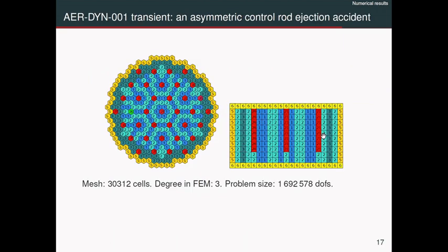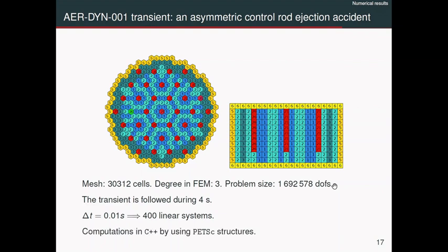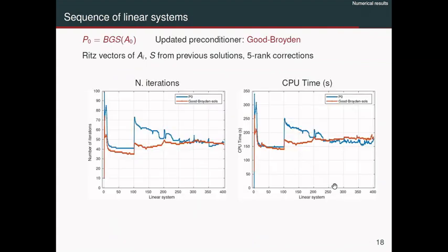So to test a more realistic problem, we have also used a large benchmark reactor where the problem has more than 1 million degrees of freedom. The transient is followed during 4 seconds, and in this case the time step is 0.01 seconds, so we have 400 linear systems, and now the computations are made with C++. Here we use the P0 with the block Gauss-Seidel methodology, and the updated preconditioner only uses the good Broyden.